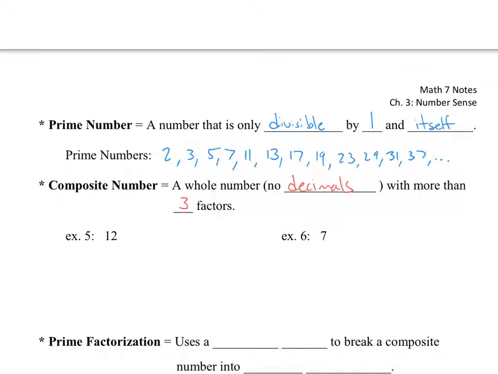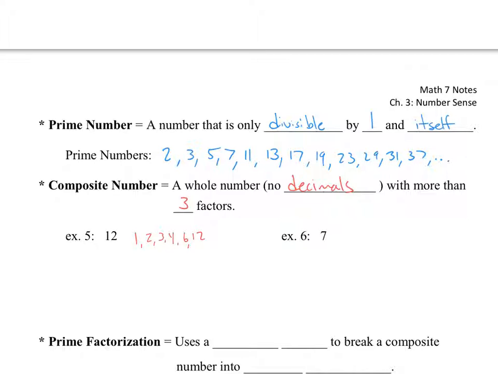So if it's got a third factor, a composite number is any number that's not prime. So 12. What are the factors of 12? 1 fits in there. 2 fits in there. 3, 4, 6, and 12. So are there more than 2 factors? It's composite.